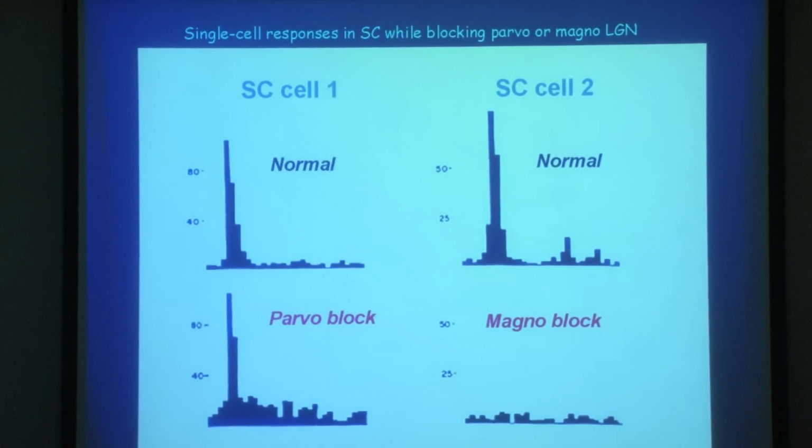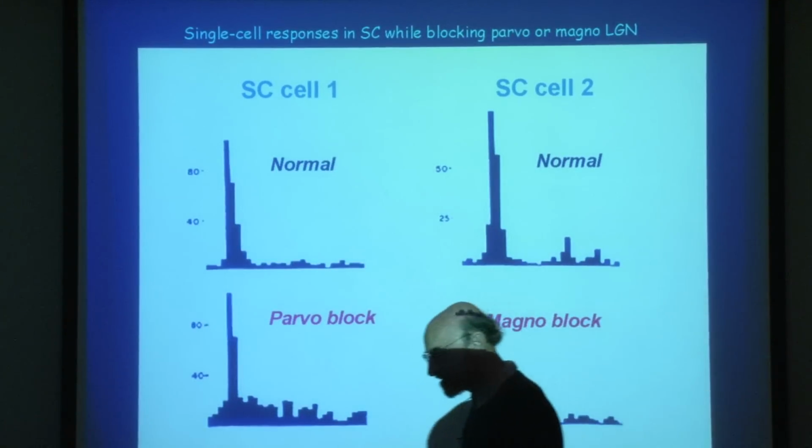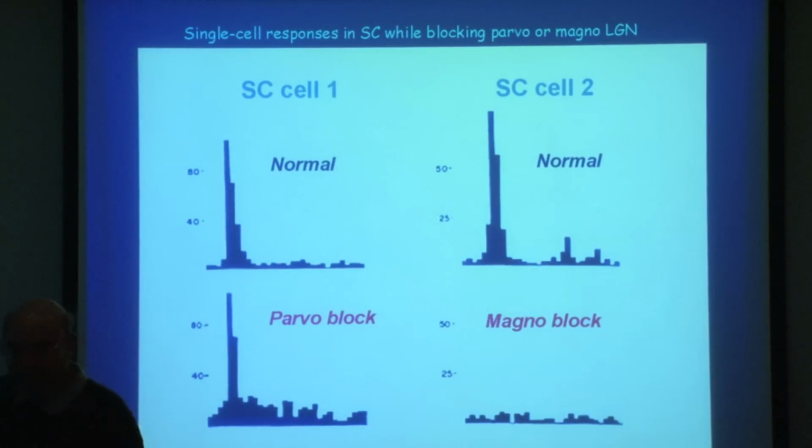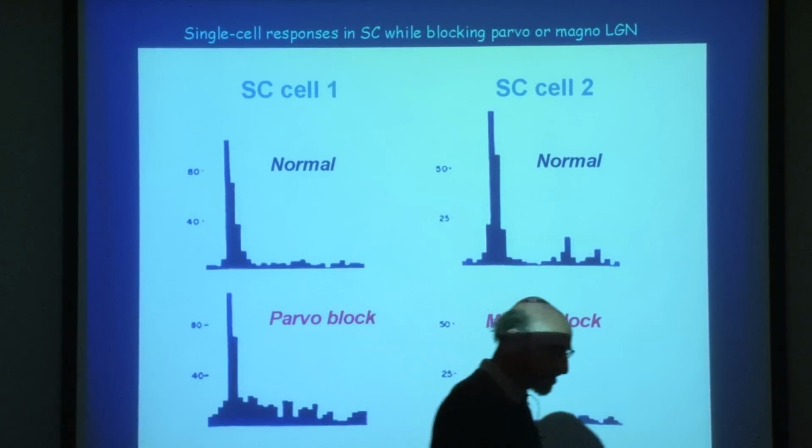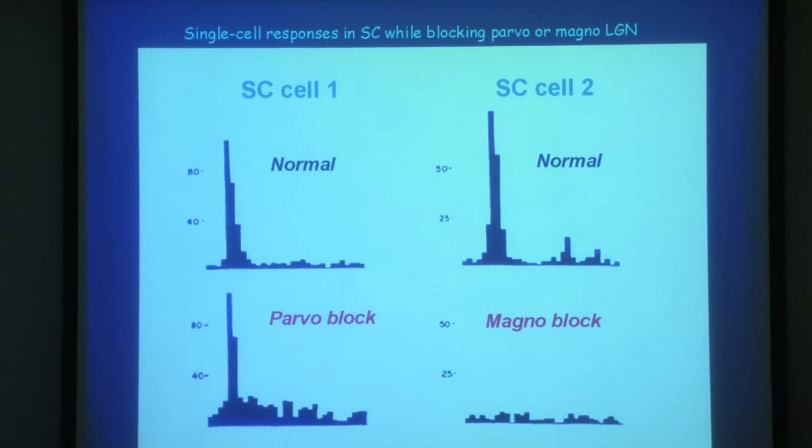So that meant that these cells in layer 5 that project to the superior colliculus are driven exclusively by the parasol system. And indeed, that was also done in another set of experiments, showing that those cells in the cortex in layer 5 that you could drive from the geniculate by backdriving it, if you then blocked the midget or parasol cells, those cells would stop firing.